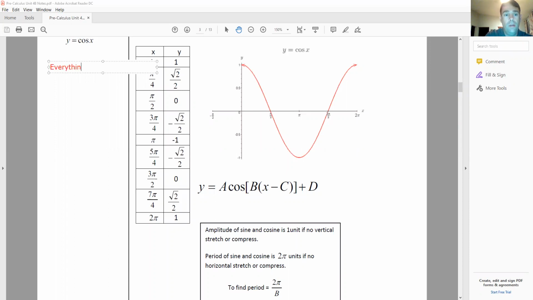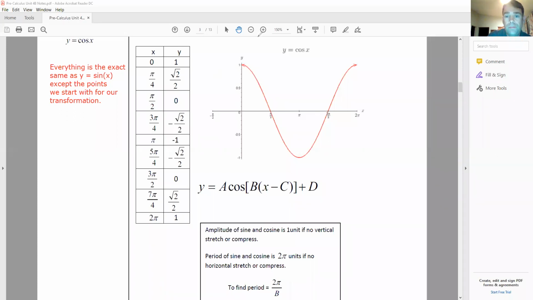So everything is the exact same as sine, except the points we start with for our transformation. The only thing that changes is the points.